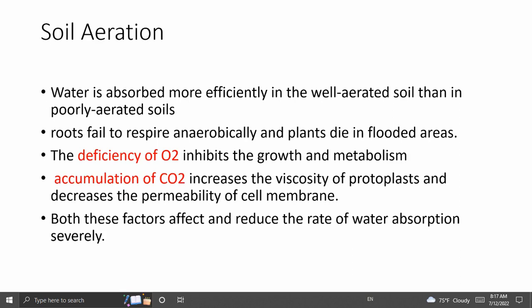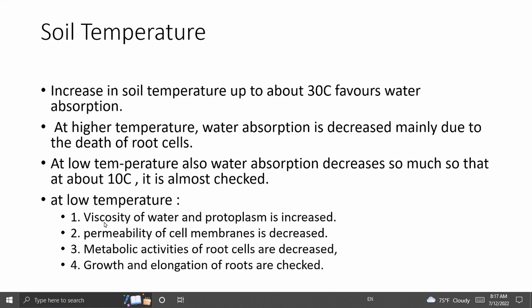Also, there is accumulation of CO2. When CO2 accumulates in the soil, in reduced conditions, it increases the viscosity. As I have shown, in low temperature viscosity also increases, and with CO2 viscosity also increases.